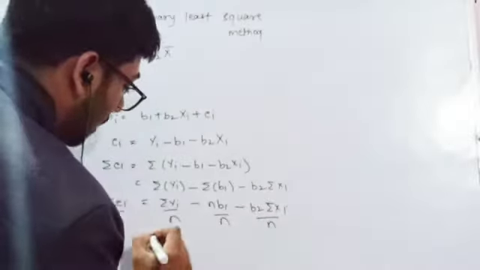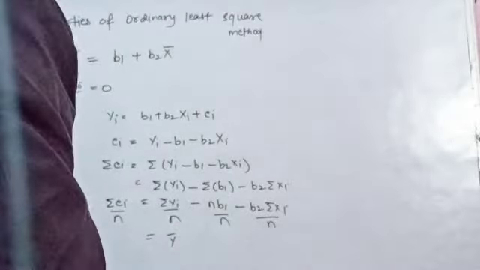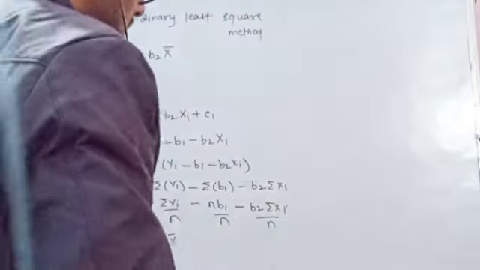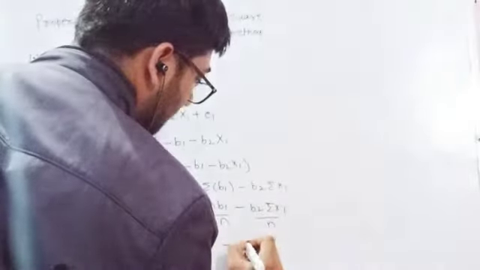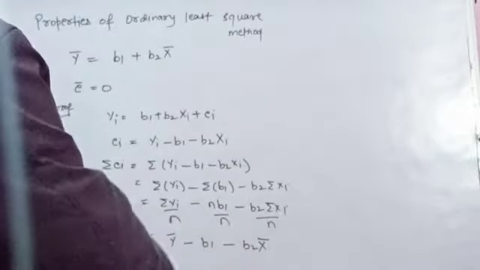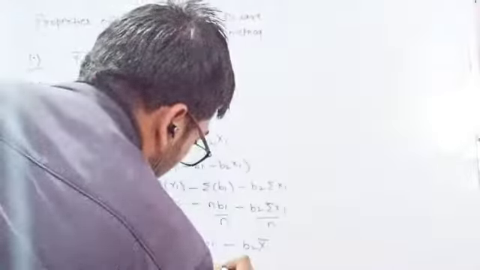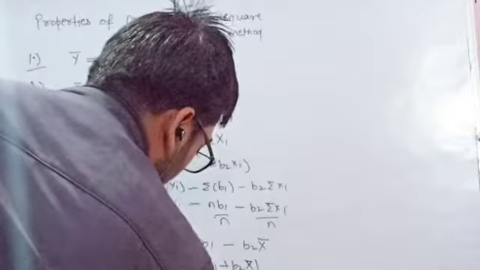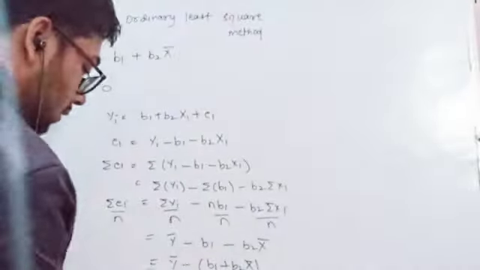Now what does this become? y bar minus b1 minus b2 x bar. And from the first property, b1 plus b2 x bar is y bar, and this becomes 0.